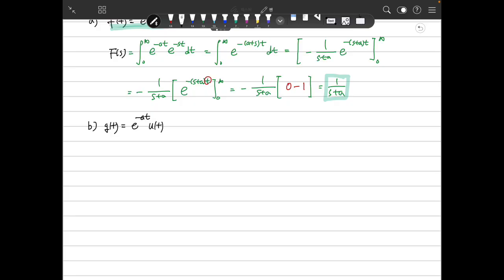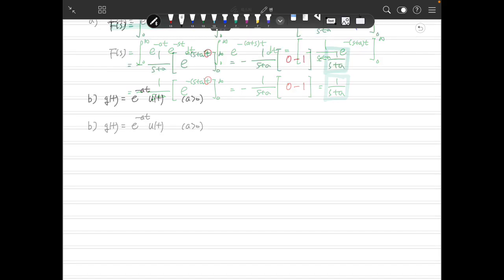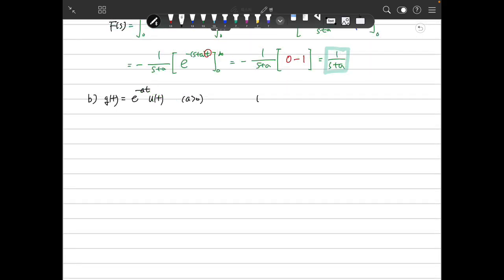This is a kind of step function, in the case where a is positive. u(t) is a unit step function, and for t greater than zero, the value is 1.